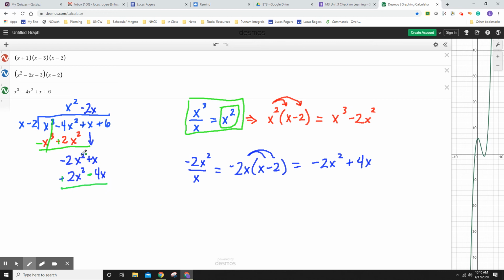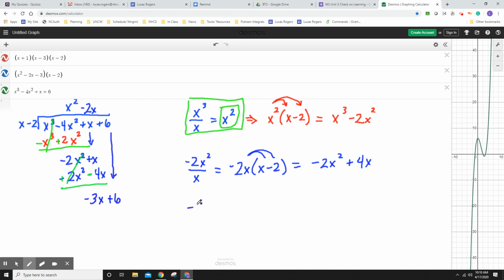So these two, again, cancel out by design. And then you have x minus 4x will be negative 3x. Drop down the last term there, plus 6. The last step of division is going to be to take biggest term divided by biggest term.